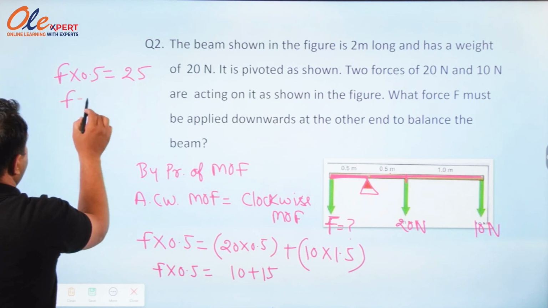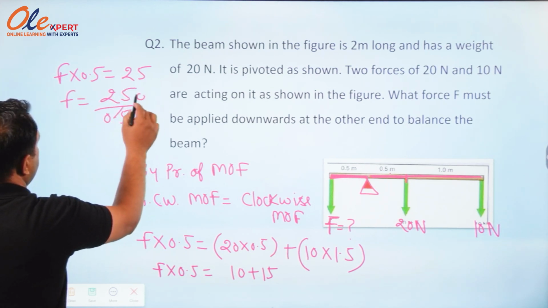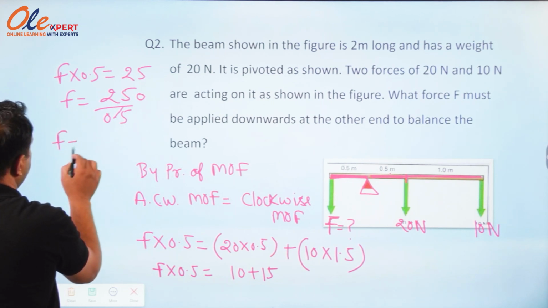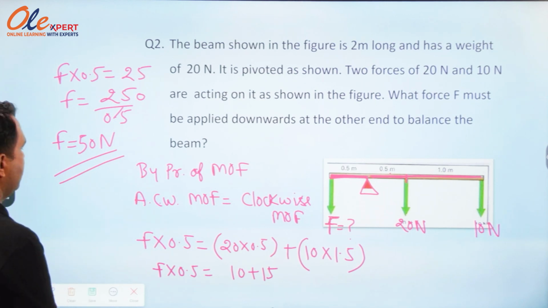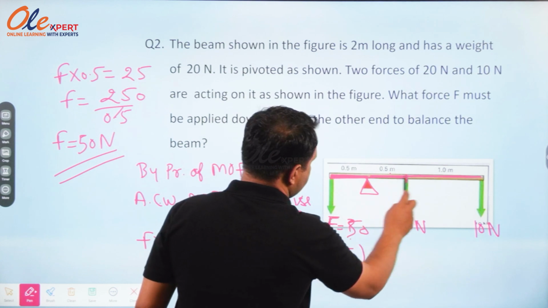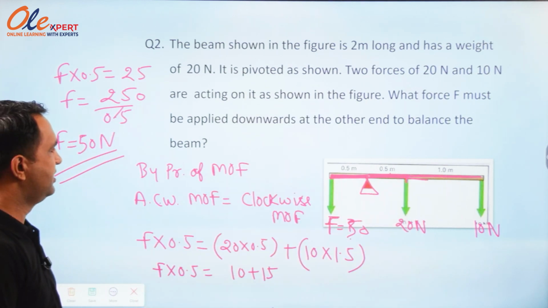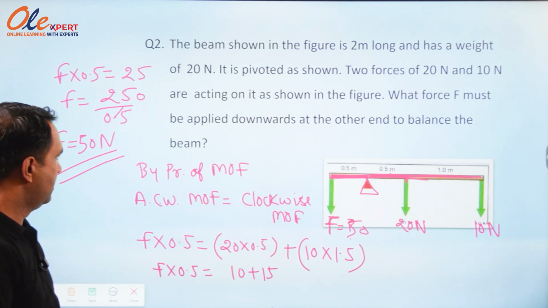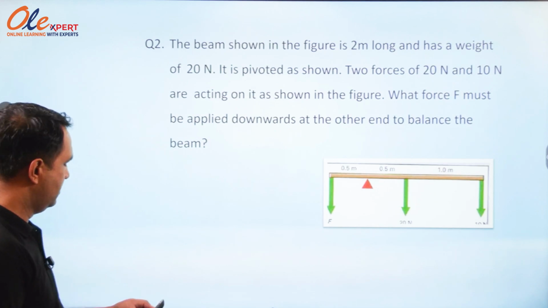So F is equal to 25 upon 0.5, so F is equal to 50 Newton. So this will be the answer. This means this force should be 50 Newton to balance it, so that it comes into the state of equilibrium. This force is required. Got it? Okay, moving on to the next slide.